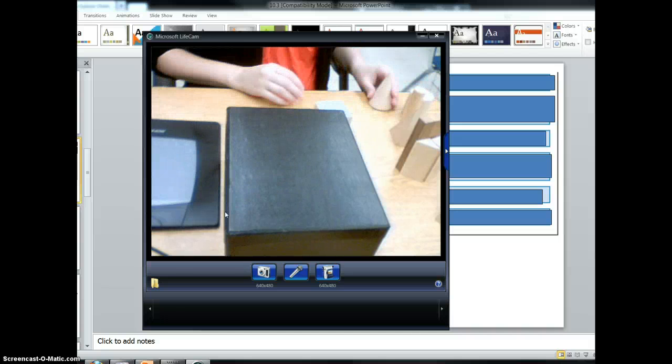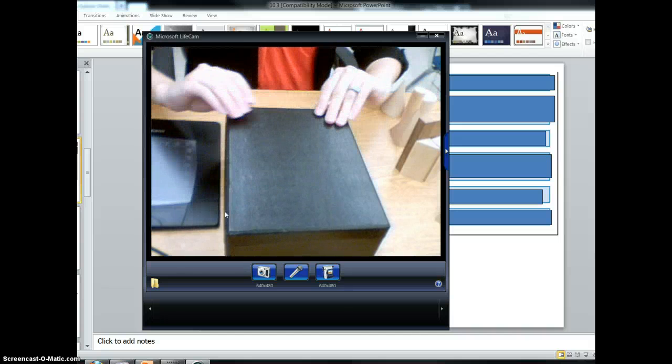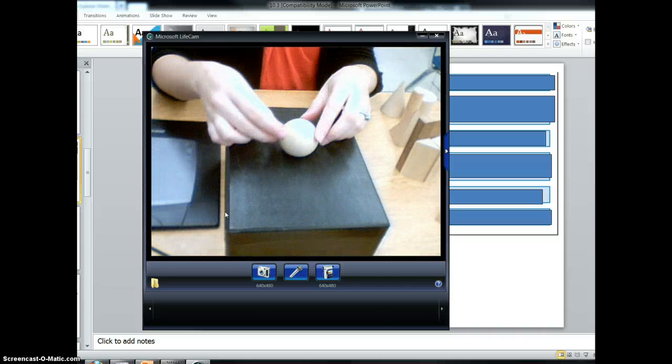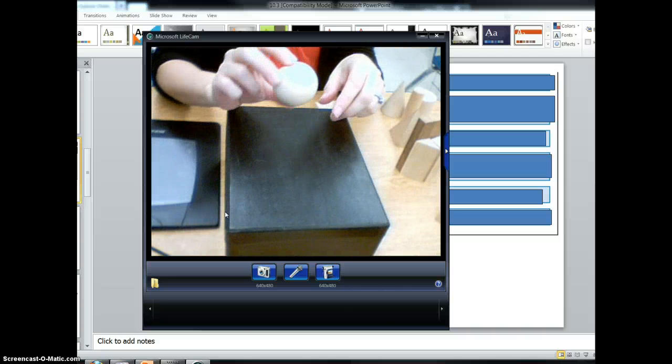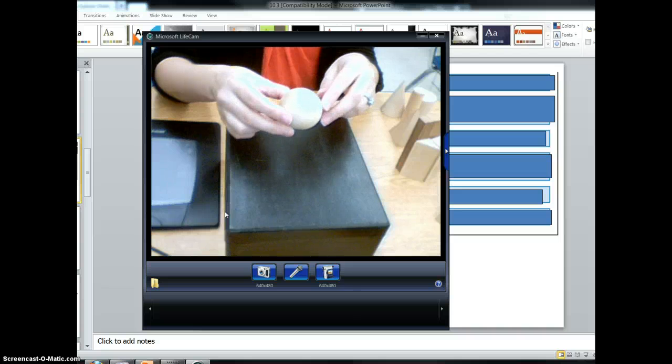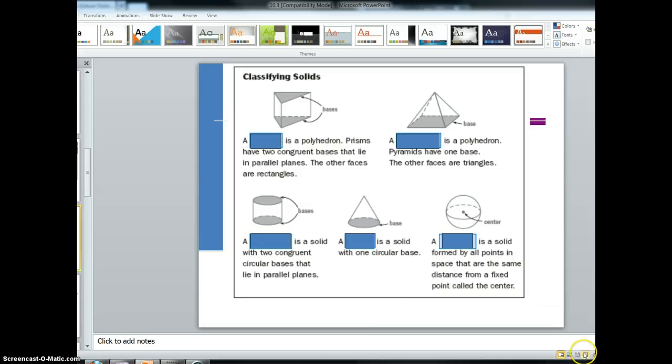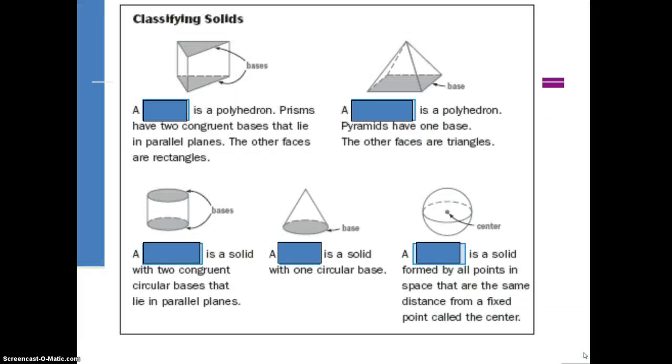And then the sphere would look like this. This shape is a prism, has two congruent bases, and you can see they pointed this out.